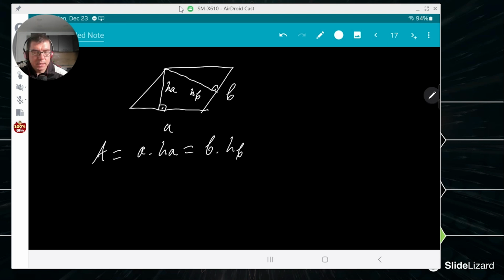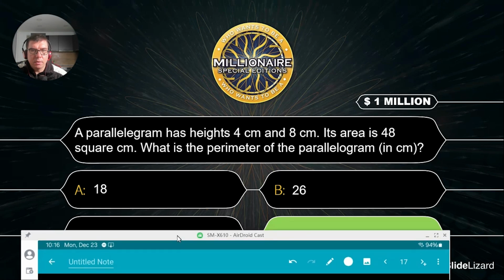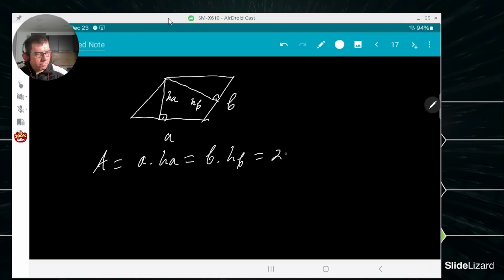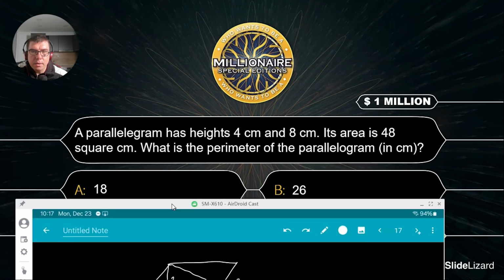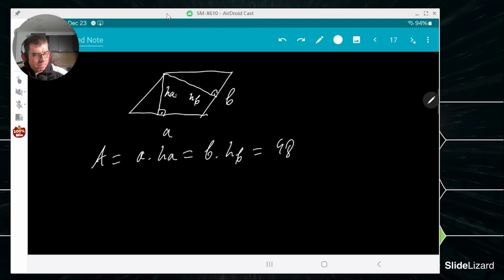So as you know, the area equals A times HA or B times HB, and we get to the same result. So this is 48. So if we consider each equation separately, HA is 4 and HB is 8.